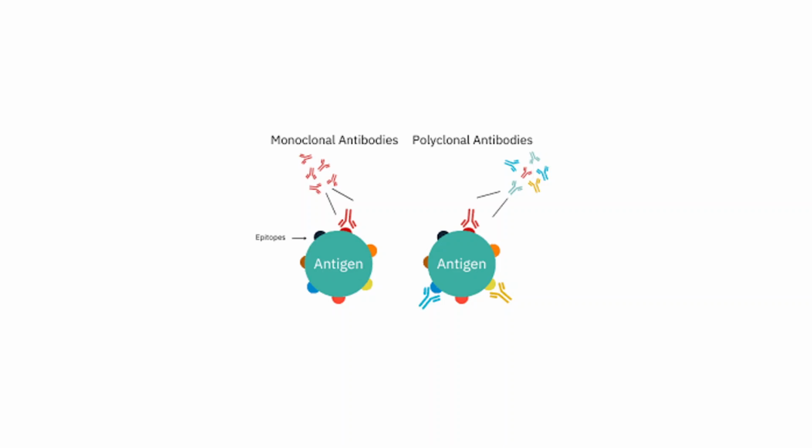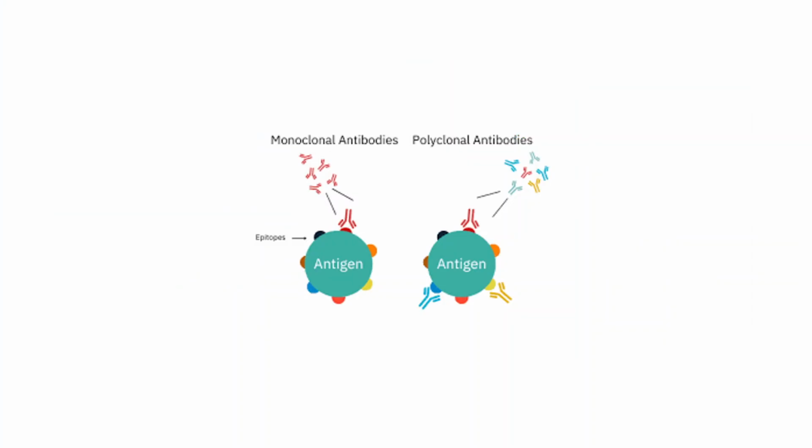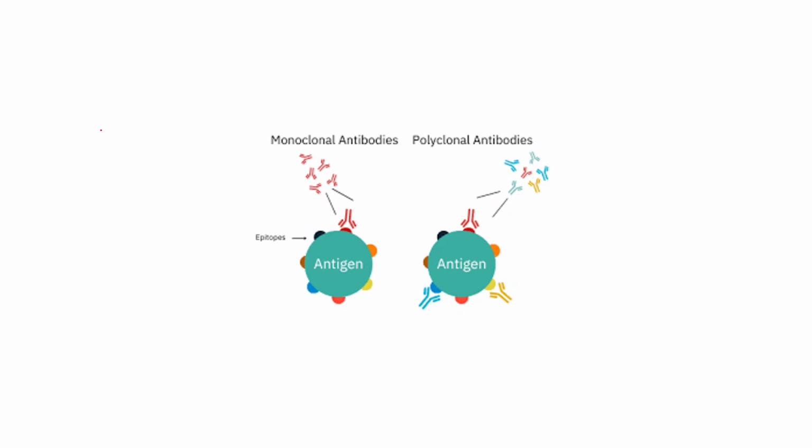Let's say I have a viral particle, so it will have different kinds of proteins expressed on its surface.